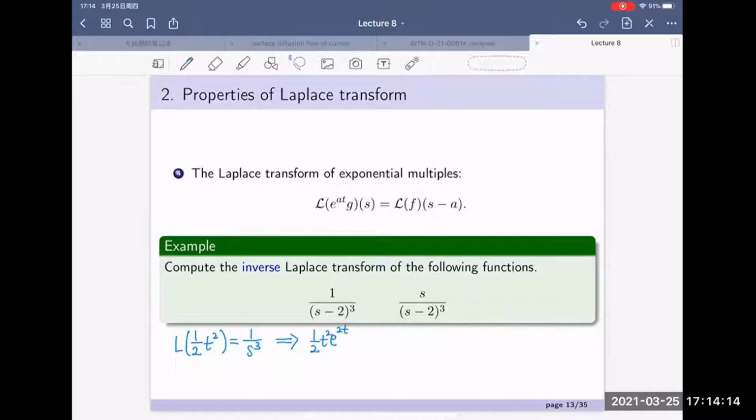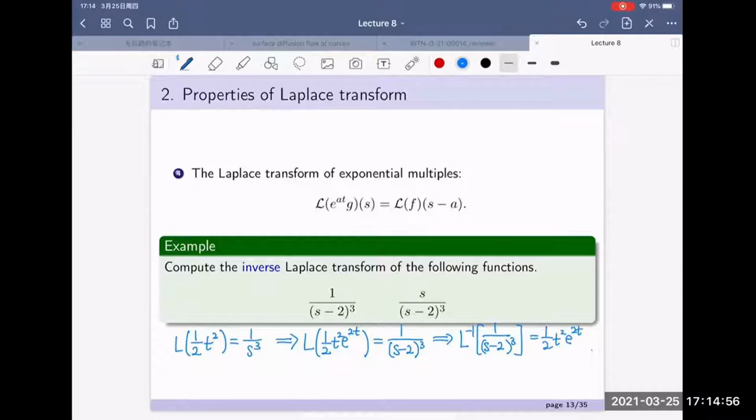Then its Laplace transform would be the original Laplace transform shifted by 2, so you replace s by s minus 2. So you find the function whose Laplace transform is this given function. It means that you find the inverse Laplace transform.